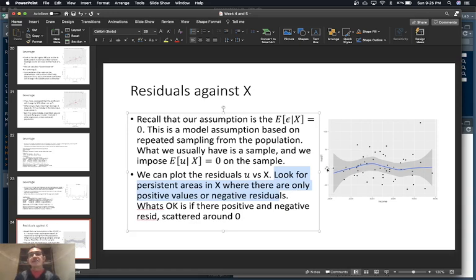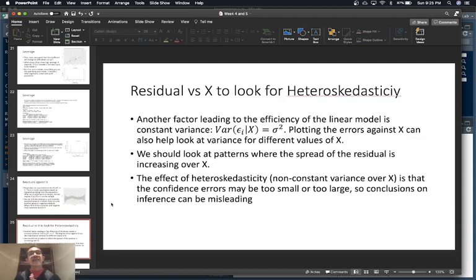There's some positive and some negative within the center of your X variable, which is income. The same way for predicted Y, if there are no patterns in the residuals over the value of Y, then that's good, and that's what you're looking for. So this is an example of okay.